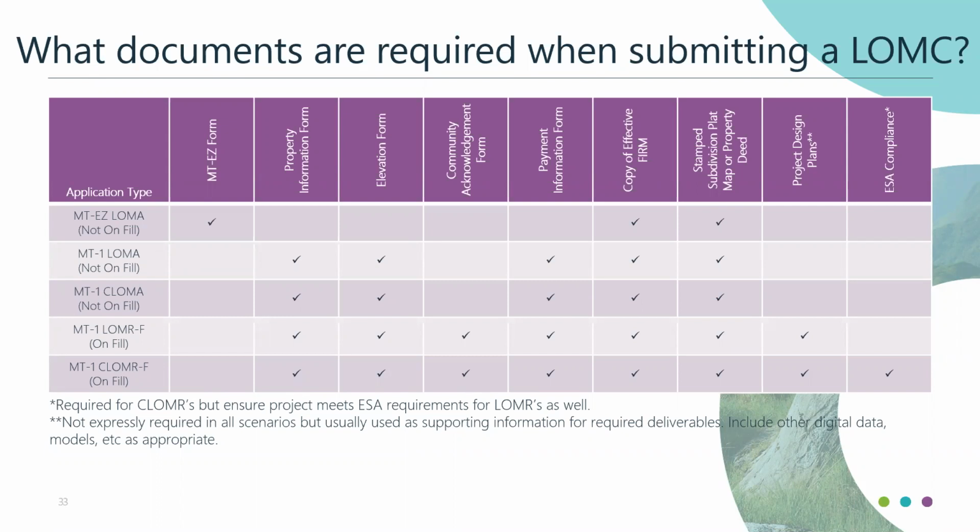And then if you go all the way down to the bottom, you have the MT1 application for, say, a CLOMR-F, a conditional letter of map revision based on fill. For that, you have to submit the property information form, elevation form. The community needs to acknowledge the activity, that it meets their local guidance or requirements. If you're doing it based on paper, the payment information form, copy of the effective FIRM, the same subdivision plat map. If it's not platted, then a property deed.